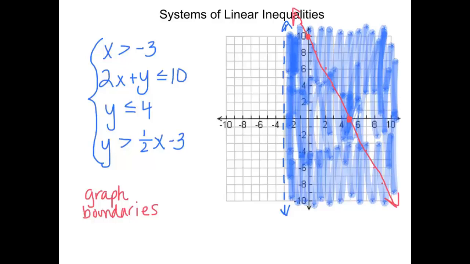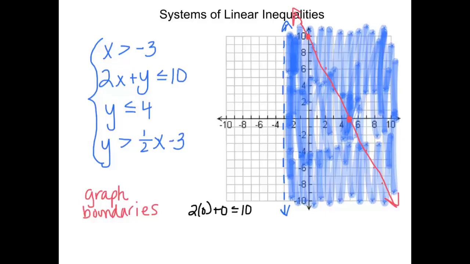Now, which side of the line would I shade? Would I shade above the line or would I shade below the line? The way I like to find out the answer to this question is to test a point. So let's say that we are testing the point 0, 0. 2 times 0 plus 0 is less than or equal to 10.